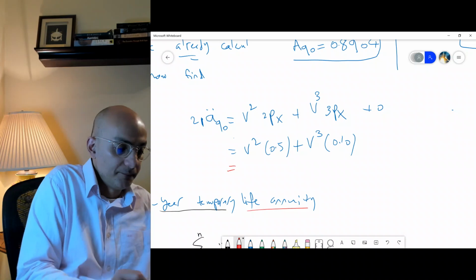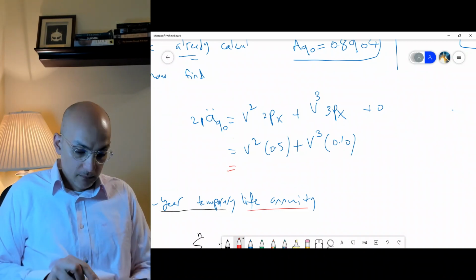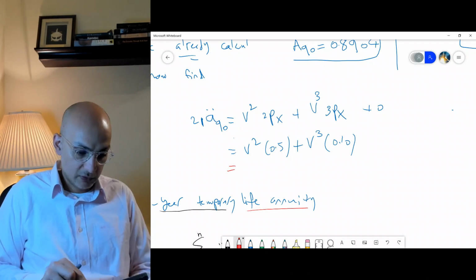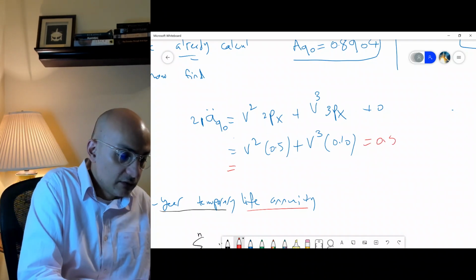If you calculate them, 1.05 raised to negative 2, because it's v, multiplied by 0.5, plus 1.05 raised to minus 3 multiplied by 0.1, plus this, you will get 0.5.